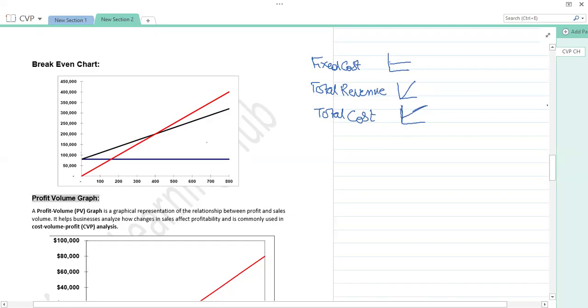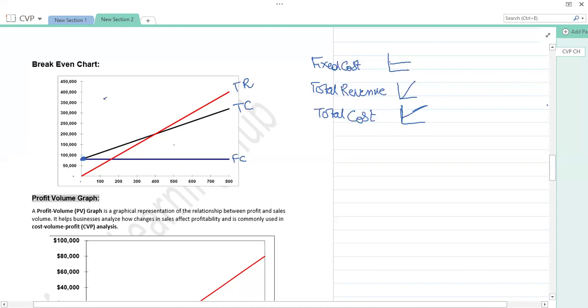So all these three behaviors are shown in this graph, and we will see this straight line is your fixed cost line. The red line is your total revenue line, and the line that starts upward from the origin is your total cost line. If I want to find the fixed cost, this is the point of your fixed cost, which is approximately 90,000.